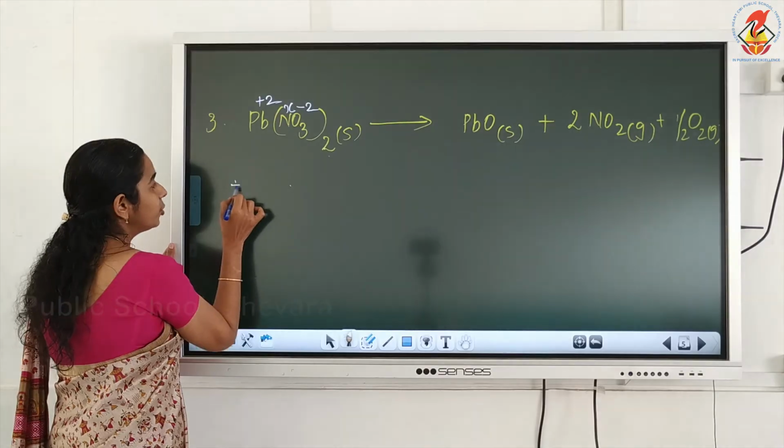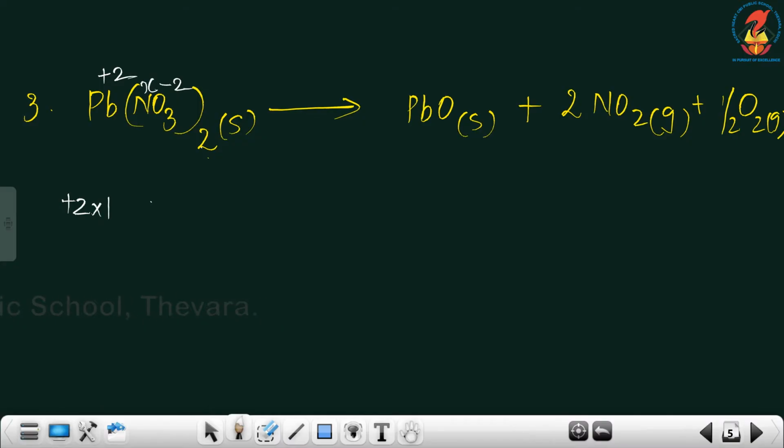Lead is plus 2 into 1, plus, let the nitrogen oxidation state be X into 2, because this 2 is common for nitrogen and oxygen. So 2X, plus minus 2 into 3, it is minus 6, minus 6 into 2, it is minus 12, equal to 0.